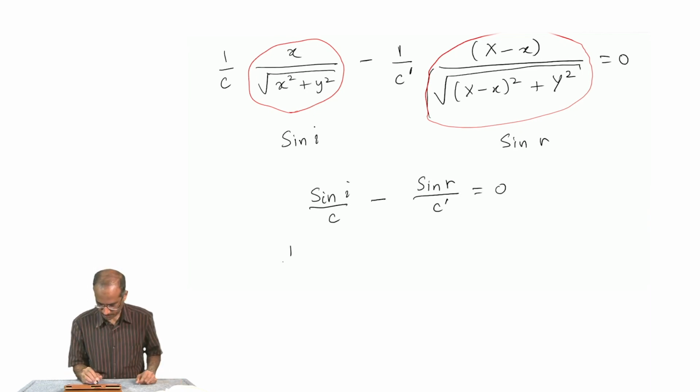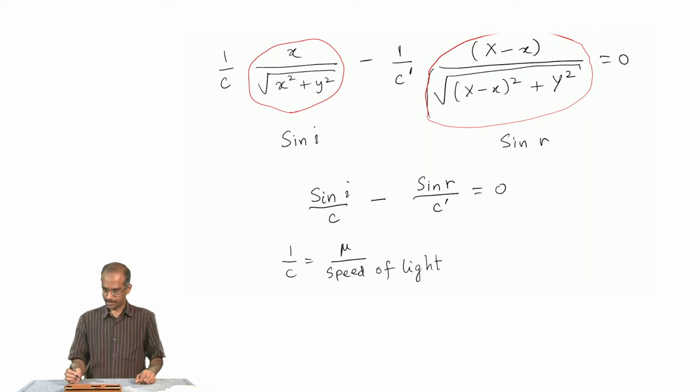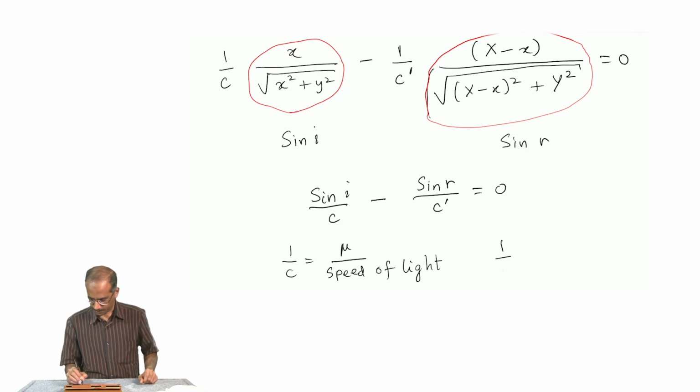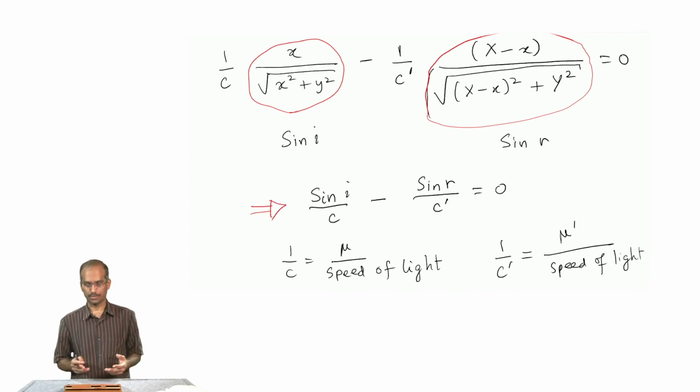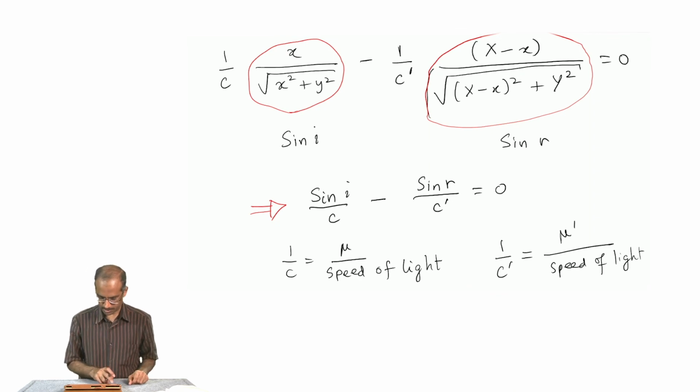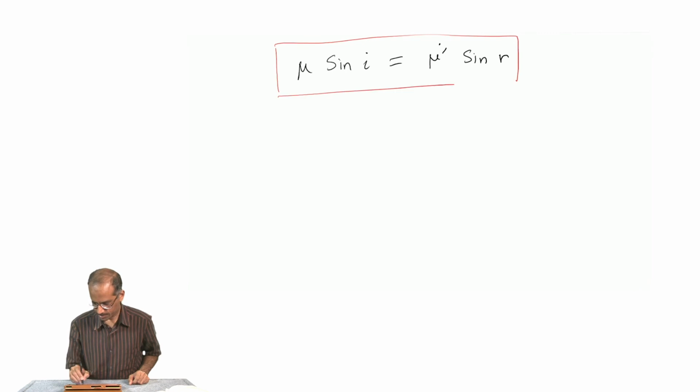So, 1 by c would be mu divided by speed of light, and similarly 1 by c prime would be mu prime divided by speed of light. Now, if I substitute these two quantities in this equation, the speed of light will cancel out and I would get the final form. So, this is the law of refraction.